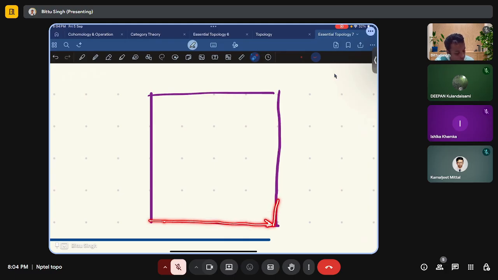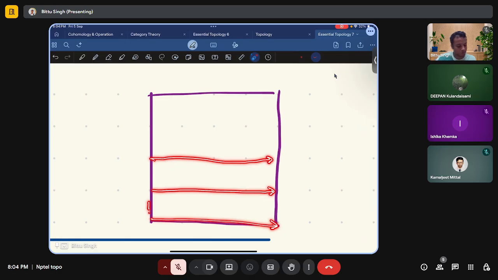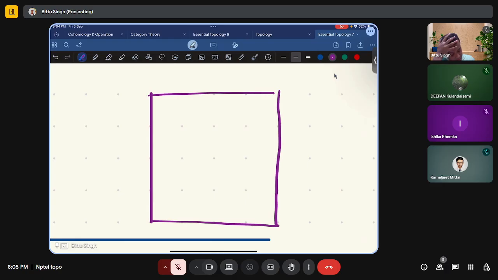Then from here we start again, and the points are getting bigger and bigger. If we choose two points, the right one is bigger.